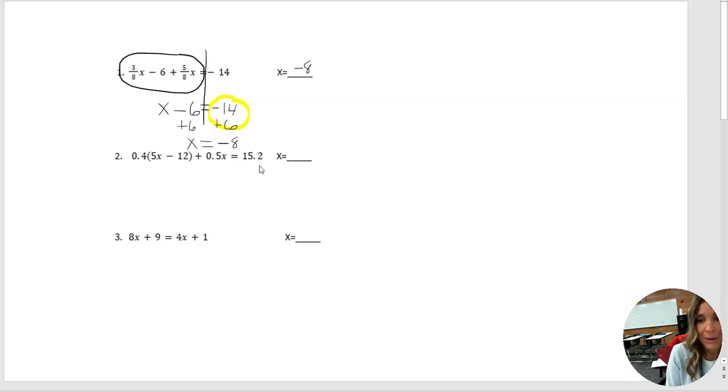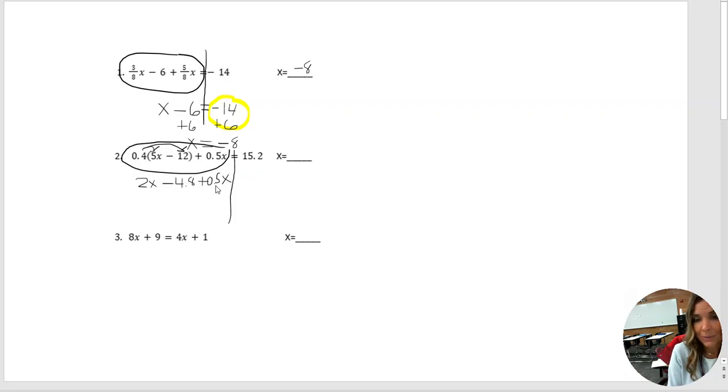Okay, now on the next one, we're going to do the exact same thing we just did. We're going to first check the left side of our equation. Now on the left side this time, we have a 0.4 that's right next to our parentheses, and that's got to distribute to both of these. So that ends up being a 2x minus 4.8, and then we have a positive 0.5x.